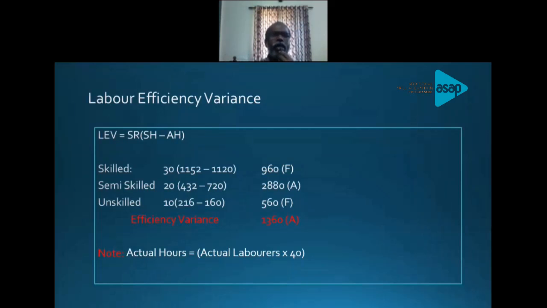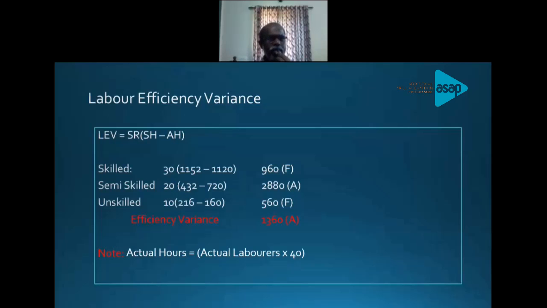You look at the variances. The first one, as far as skilled workers are concerned, the variance is favorable. Why? Because actual hour is less than the standard. So the variance becomes favorable.